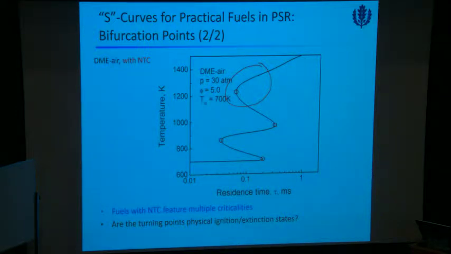But the lower branch is additional for the large fuels. If you get NTC chemistry, you get a cool flame branch, and part of this branch can be stable. This lower branch is the unburning part. So you can see this is the middle branch, and you get two middle branches in these cases.